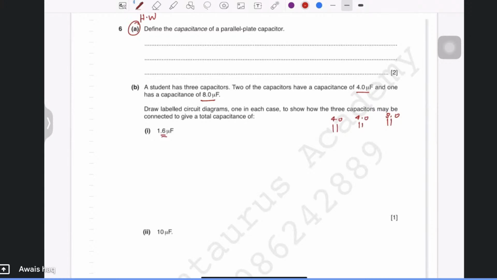I need to realize that when I connect things in series, that reduces the capacitance, right? So if I do that, let's try. This is a bit of hit and trial. So you can use a pencil to do this, and later on you can draw this. It doesn't really matter. So if I do the total, 1 upon 4 plus 1 upon 4 plus 1 upon 8, what do you get there for C total?